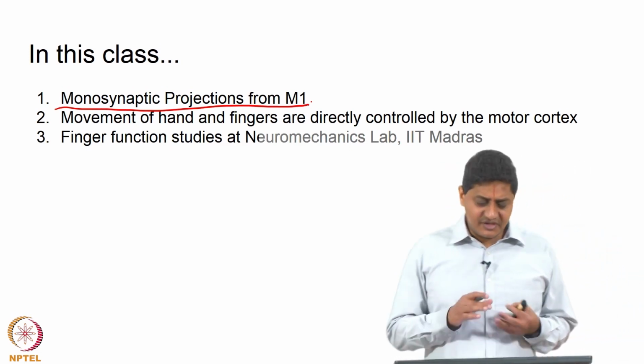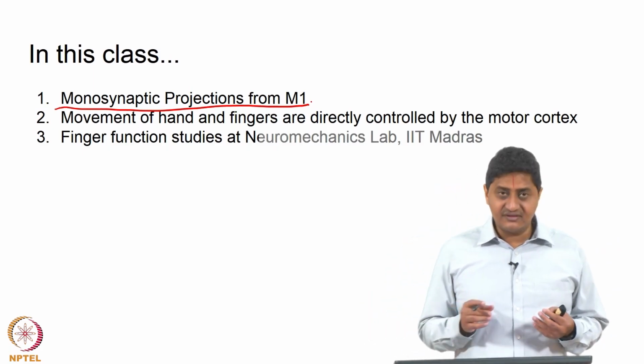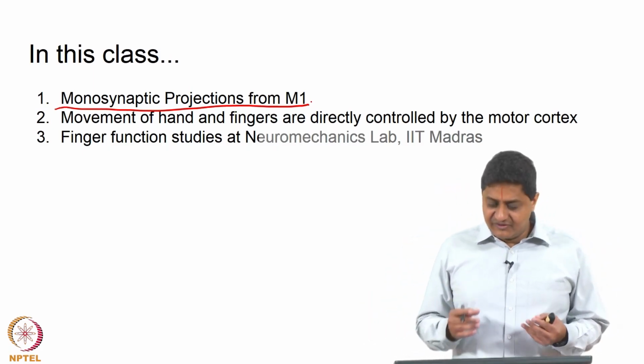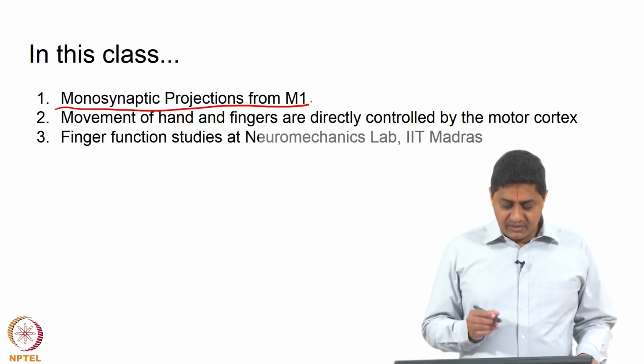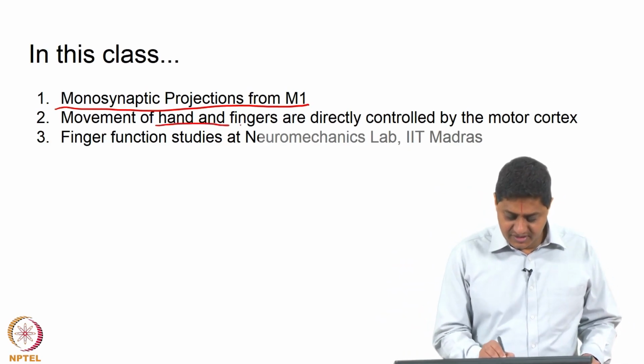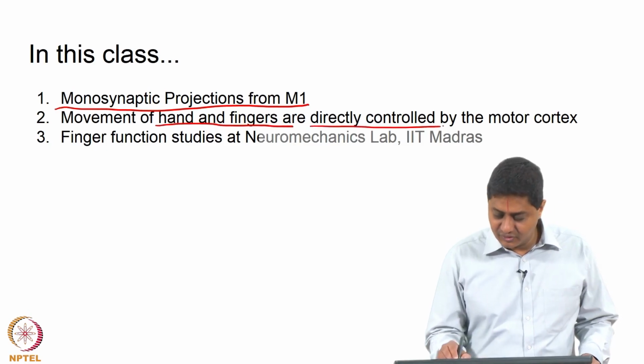We have discussed this in several previous classes. So, I will once again briefly introduce this and touch upon its importance today. Movement of the hand and fingers are directly controlled by the motor cortex.